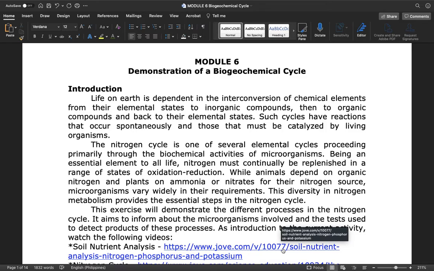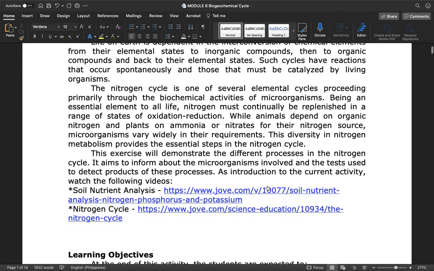But for this activity, our main achievement is that we're able to understand four key processes in the nitrogen cycle that involve the activities of microbes. It involves microbes and their associated physiological activities.